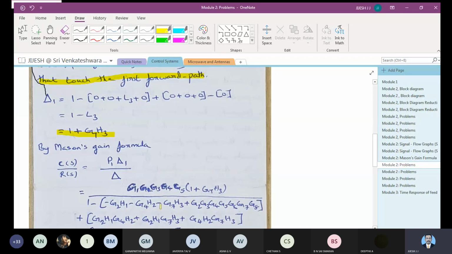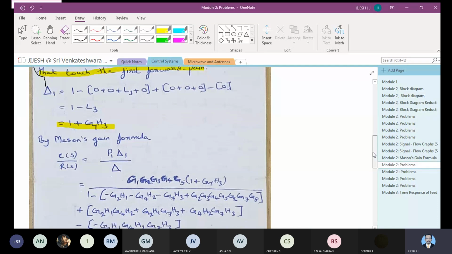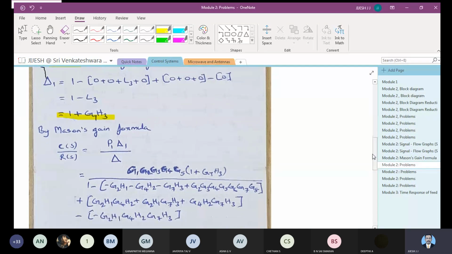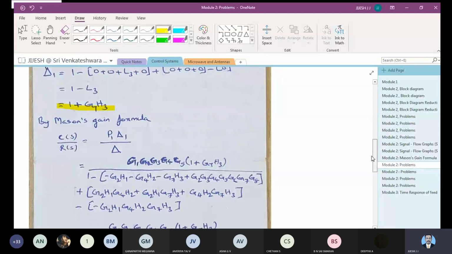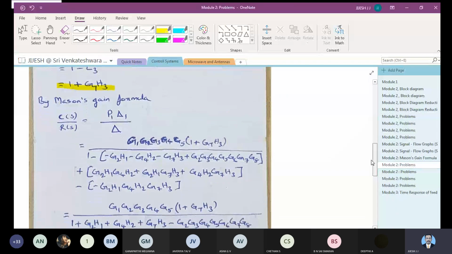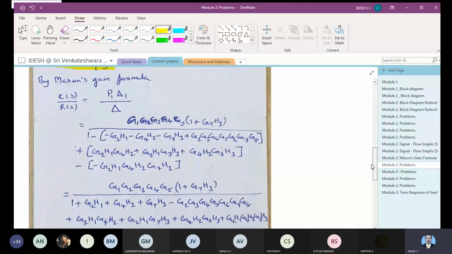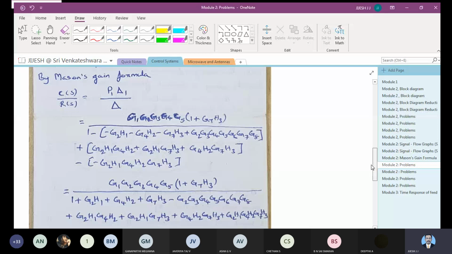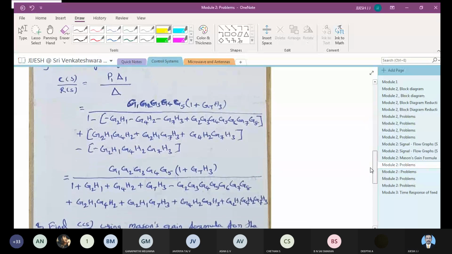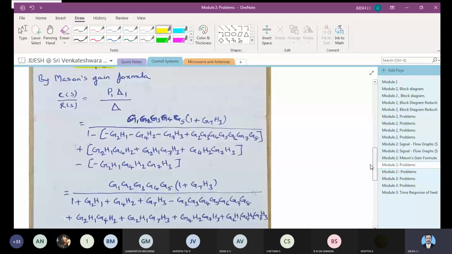So everything will come in the denominator. So this is easy. Once you solve it, you can simplify it further. You will get something like this. Till here, you will get these two steps. You can do that.